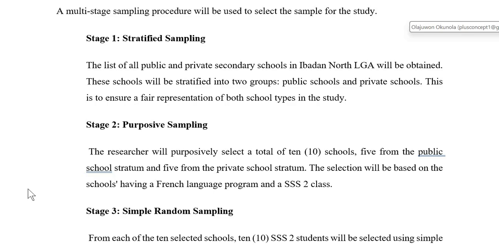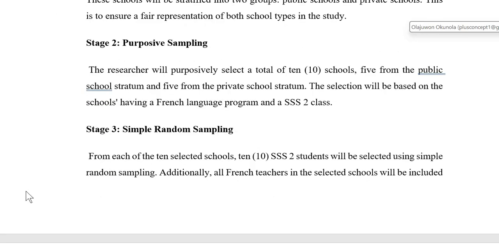It is by purpose, by intention. So the researcher will purposely select a total of 10 schools, 5 from the public school stratum and 5 from the private school stratum. Do you see what we are talking about? That is purposive. But the last stage of the sampling techniques is simple random sampling.